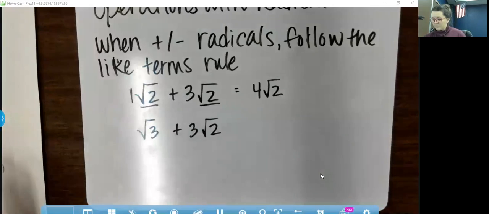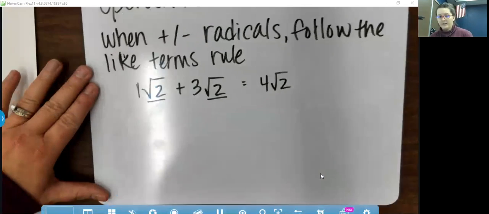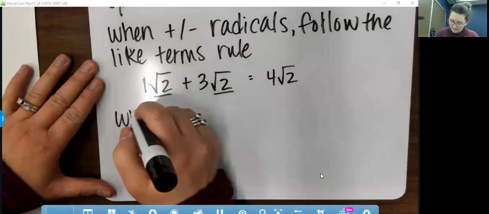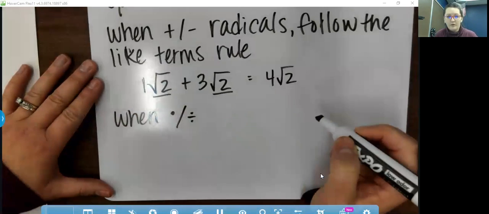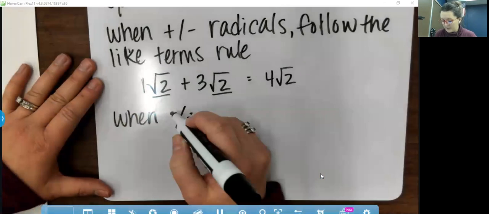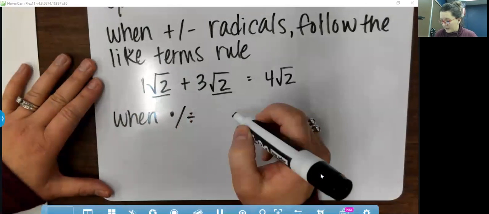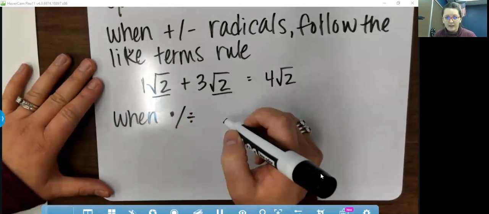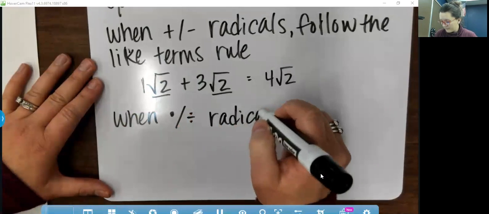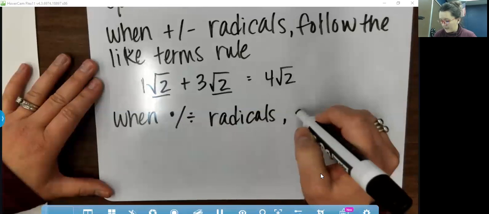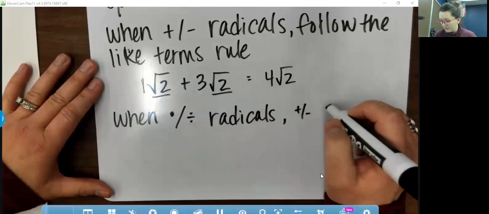When multiplying or dividing, and we've done these already because it's in one term, then we don't have to follow the like terms rule. We'll use the adding or subtracting of exponents, right?